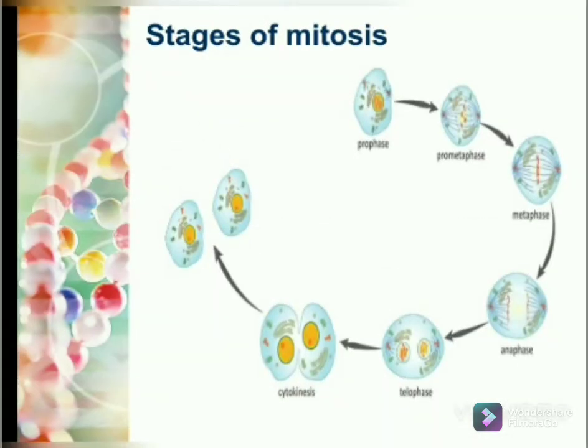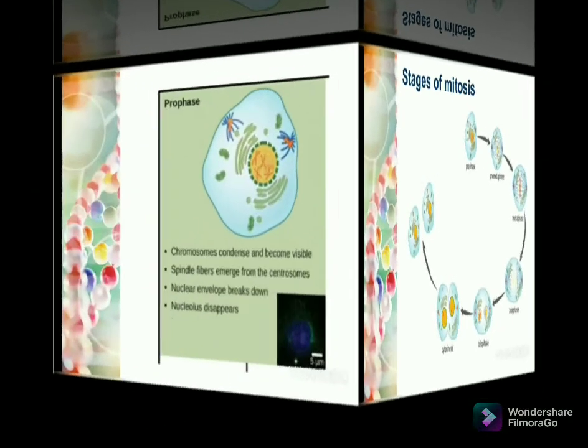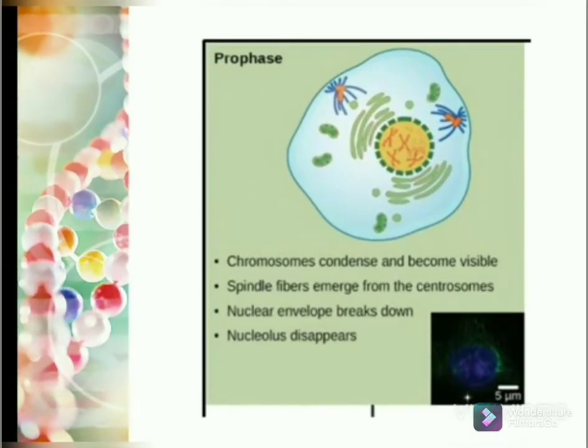Stages of mitosis. As I've mentioned earlier, we have the prophase, prometaphase, metaphase, anaphase, telophase, and cytokinesis. In prophase, chromosomes condense and become visible.